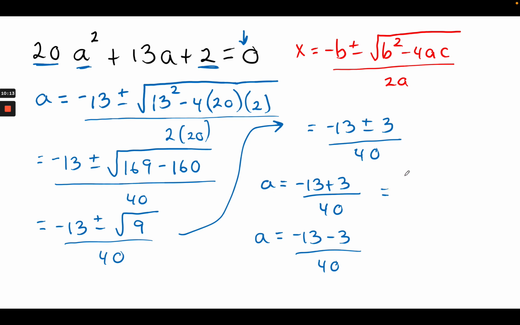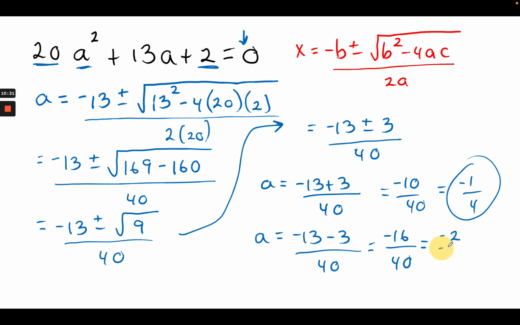So this is going to simplify to negative 10 over 40, or negative 1/4. And this one will simplify to negative 16 over 40. So let's see, 8 goes into 16 2 times, 8 goes into 40 5 times, so negative 2/5.